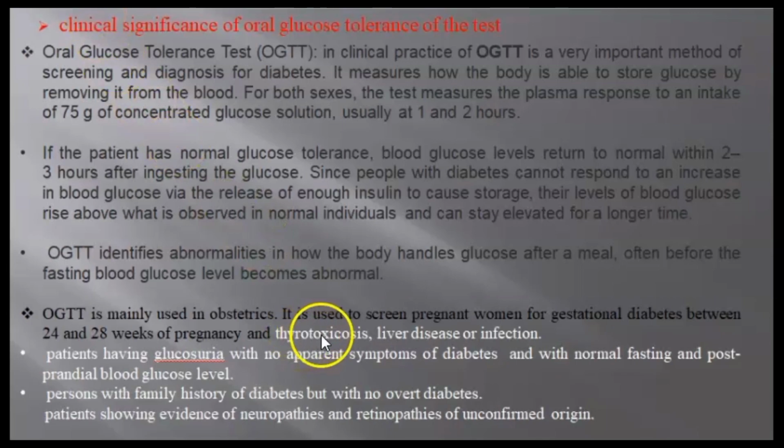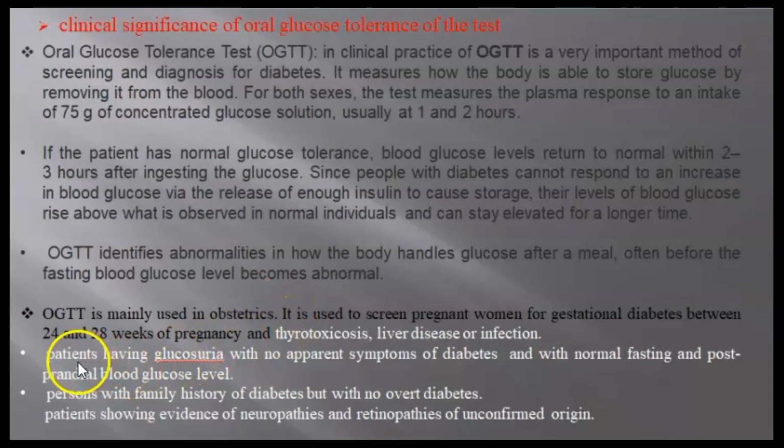The overproduction of these thyroid hormones will result in thyrotoxicosis. And a good symptom of it is the swelling that we normally see at the neck region, because there is overproduction of the thyroid hormones. And in the case of liver disease or infection, this oral glucose test can also be carried out.